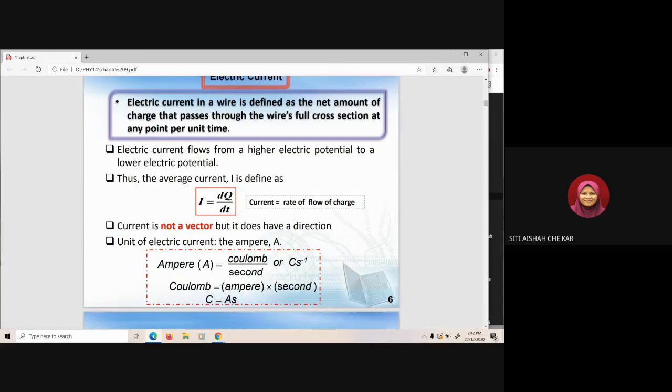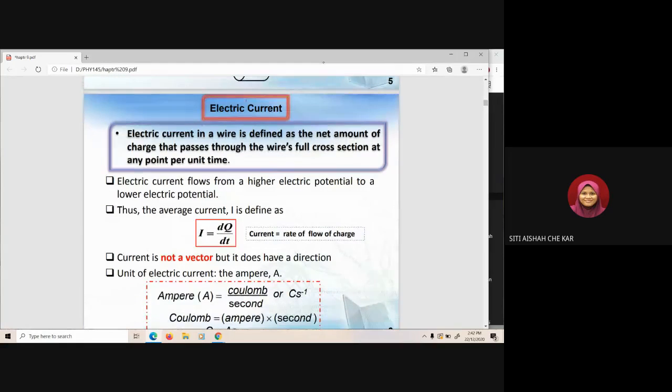Okay, what is meant by electrical current? The symbol for electrical current is I, and the unit of I is ampere. Ampere ni actually a name of a person who came up with this theory.